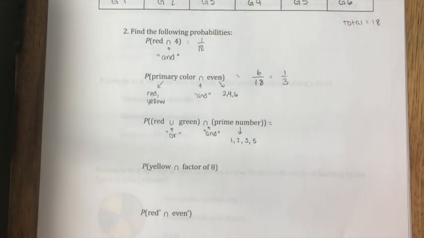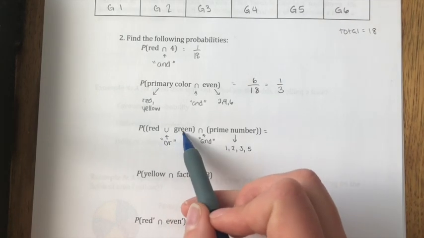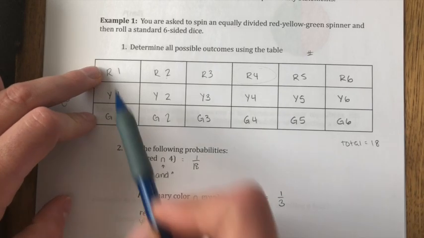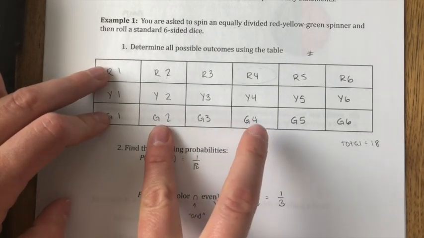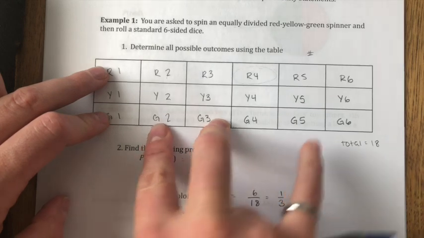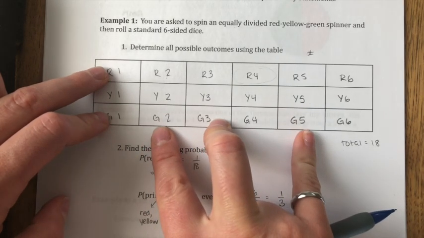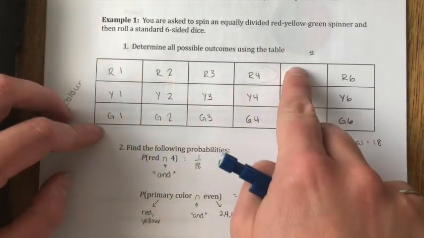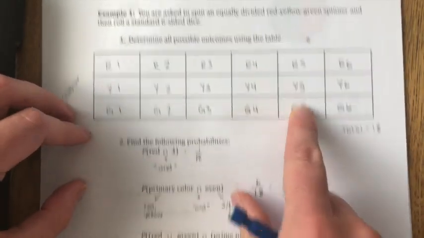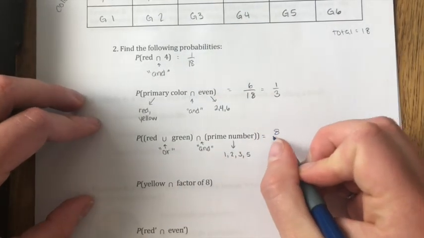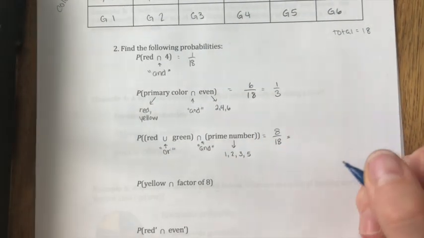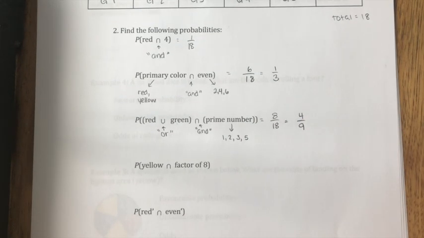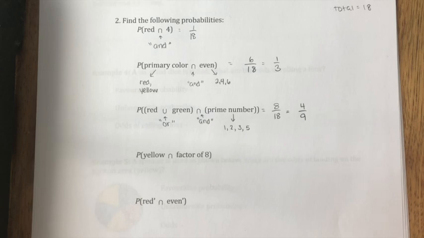Okay, so we want red or green, so you can have red or green. 1 is going to be an option, 2 is going to be an option, 3 is going to be an option, and 5 is going to be an option. Okay, so red or green, 1, 2, 3, or 5. So 1, 2, 3, 4, 5, 6, 7, 8 different options satisfy that criteria. So 8 out of 18, and again, we're going to reduce. So those are both divisible by 2, so 4 out of 9.